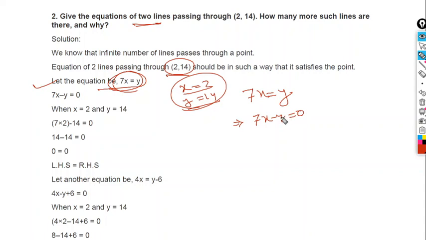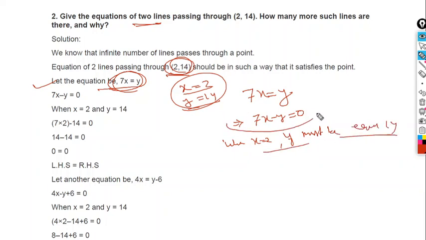Now let's see whether our point, that is 2, 14, is satisfying or not. When x equal to 2, y must be equal to 14, otherwise this equation will not satisfy our solution 2, 14. So let's see whether it is satisfying or not.